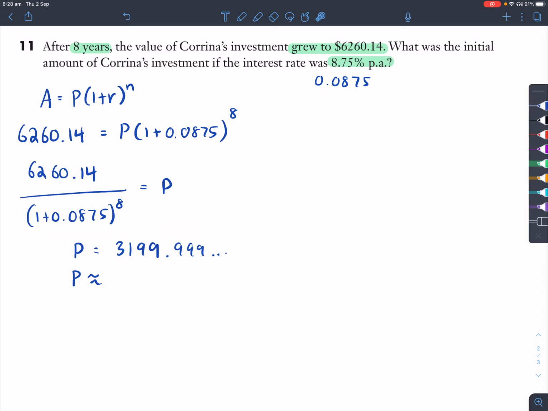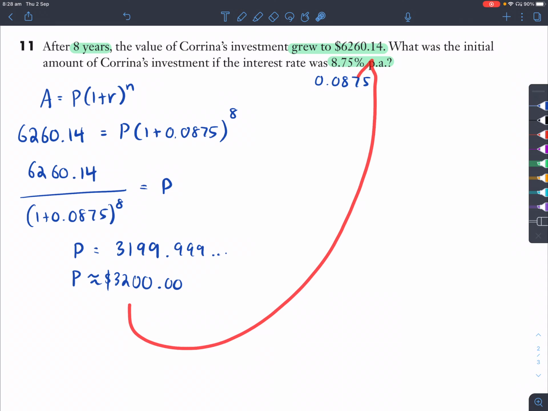If you keep having all these 9s round each other off, it's going to carry until it reaches the next number. So finally, we get to 3200.00, or you can just write 3200 really. And that should be right. So that's how much they have to start with in order to grow to this particular amount.